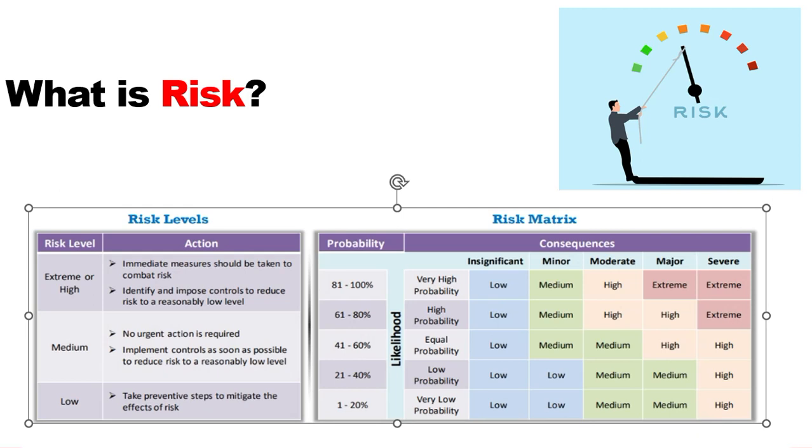There is a risk everywhere, whatever business or work we do, but we need to understand how much risk there is, and we can take appropriate action to mitigate those risks or avoid those risks. So there are two things: risk avoidance, or risk mitigation, which is reduction.